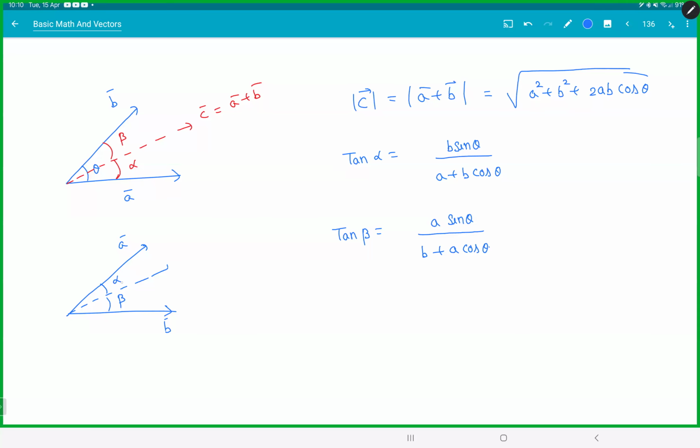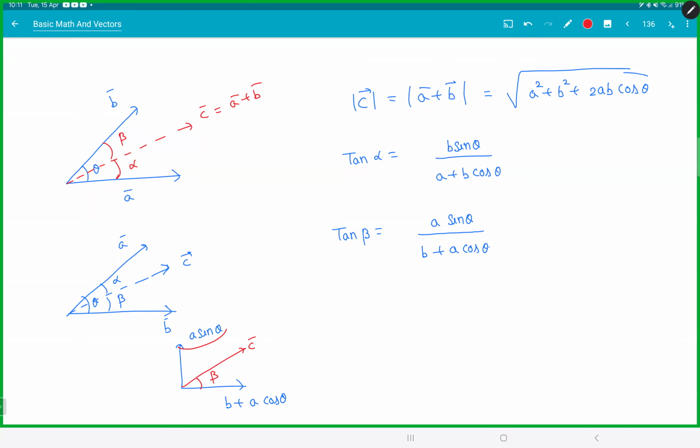This was alpha, right? I'm just reversing the orientation. Now, if you take the components, what will I get? This will be horizontally B plus A cos theta, and the vertical will be A sin theta. Now this will be the resultant C bar, and this will be beta.